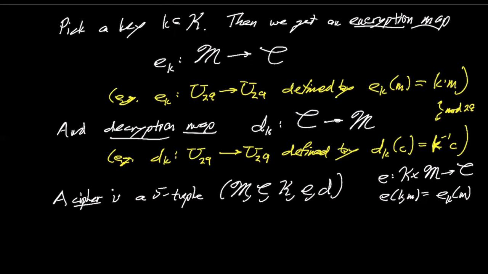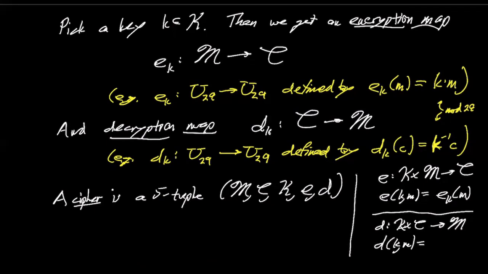And then D is also a map from K cross C to M, where D of K comma C is D sub K of C. You can really mathematize this so the cows come home if you want, but this is almost getting too formal.